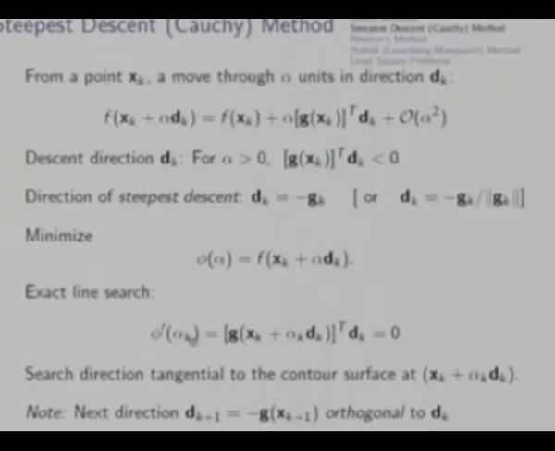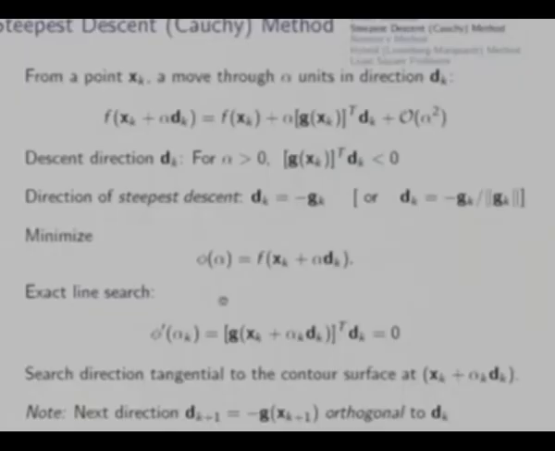That is, phi prime is 0: at which value of alpha does phi prime, the derivative of phi with respect to alpha, become 0? If we differentiate this with the help of the chain rule, then we find the gradient of this function at this point, transpose, times the derivative of the argument with respect to alpha, that is dk. So, this should be 0. So, we are looking for that point, that alpha k, where this will be 0.